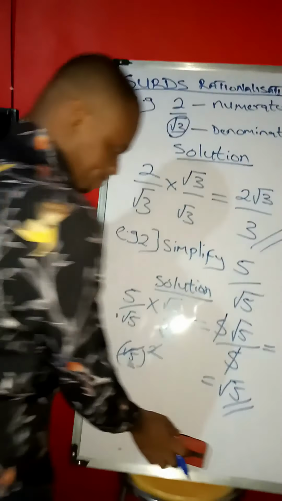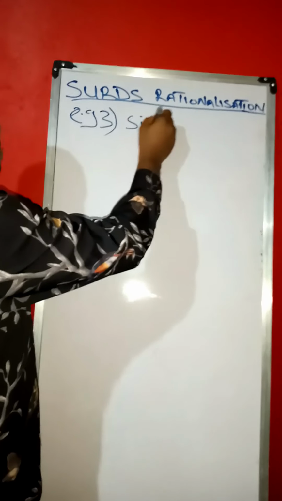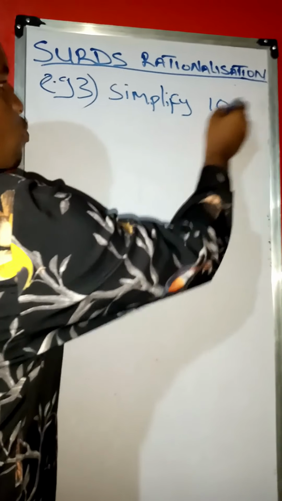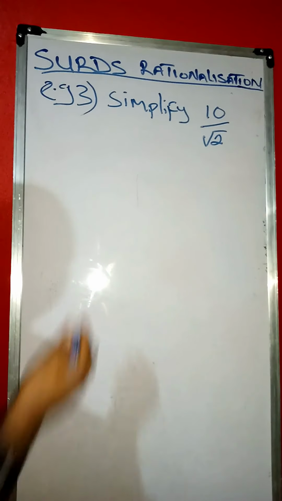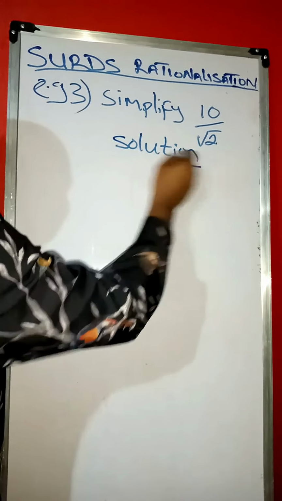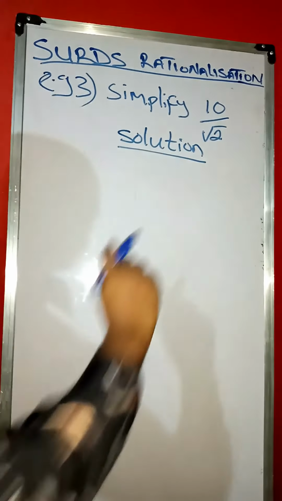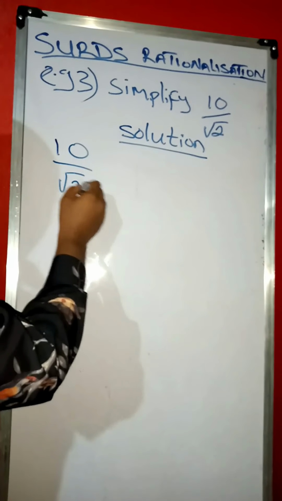Alright. Take another example. Example 3. Simplify 10 over root 2. Remember that the essence of rationalization is you don't want an irrational number at your denominator. I'm given 10 over root 2.